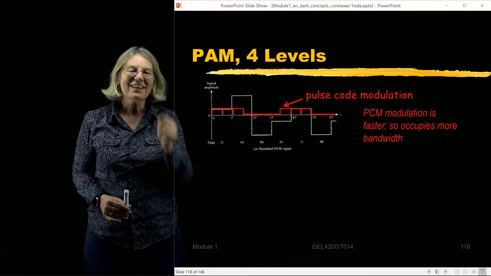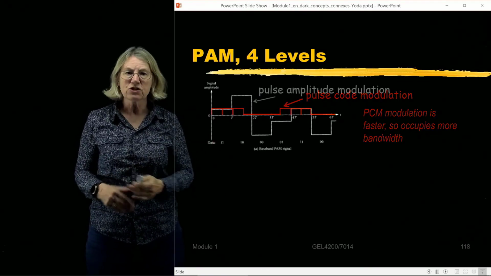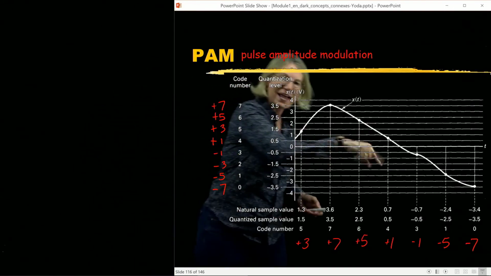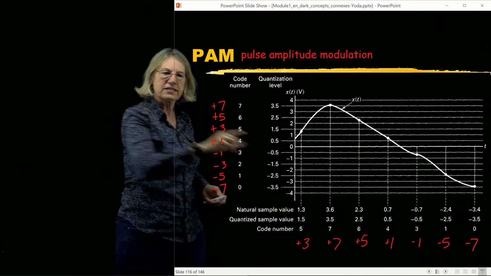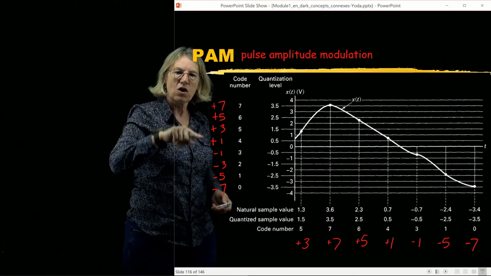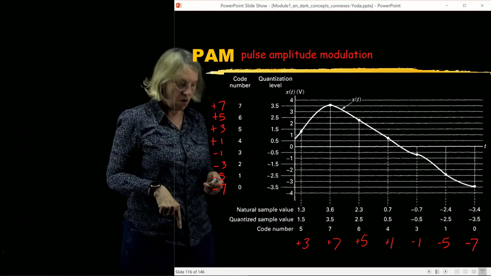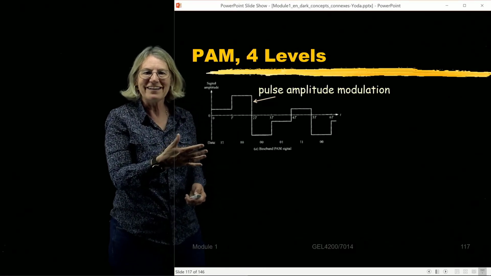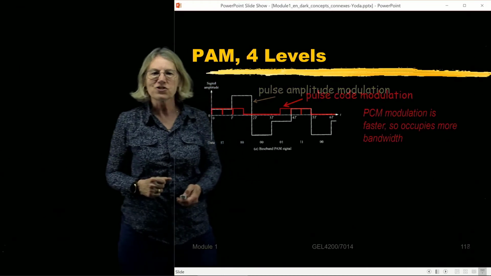But if I want to send the exact same information, if I want to represent this waveform, which was sampled at this sampling rate, at a given time of a sample, I either send 1 symbol, or I send bits. Well, this is 8 levels, so there's 3 bits, but in the example here, it's 4 levels, so there's 2 bits.